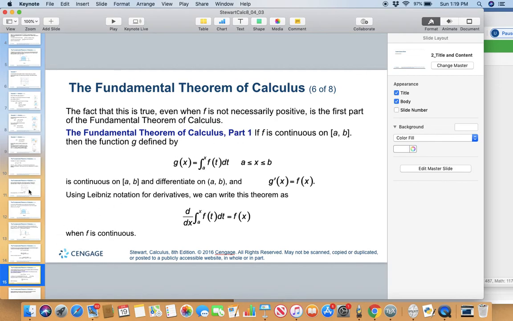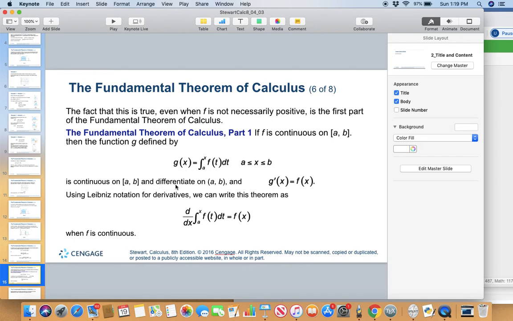Notice our description here, we required f to be positive, but this fact is true even when f is not necessarily positive. If f is continuous, continuity is important. If f is continuous on the closed interval [a, b], then the function g defined by g(x) equals the integral from a to x of f(t) dt for any x between a and b is a continuous function.